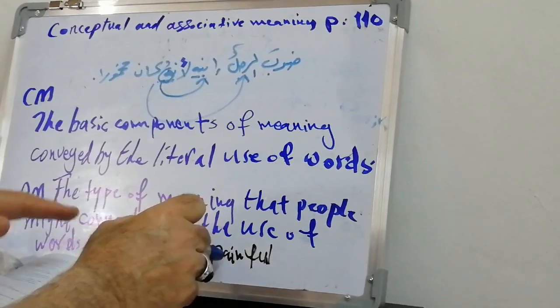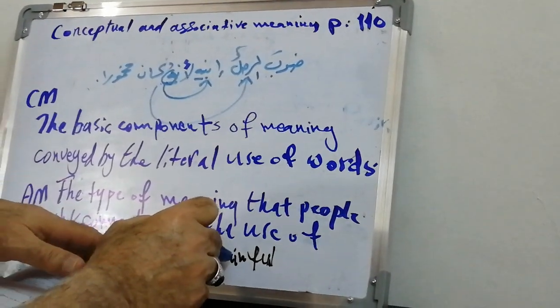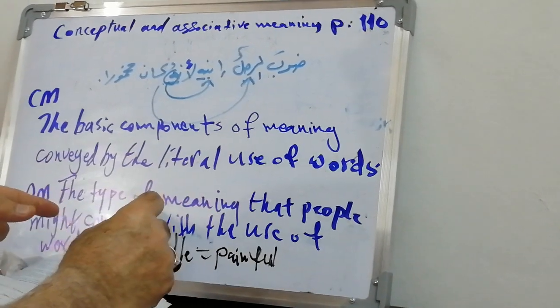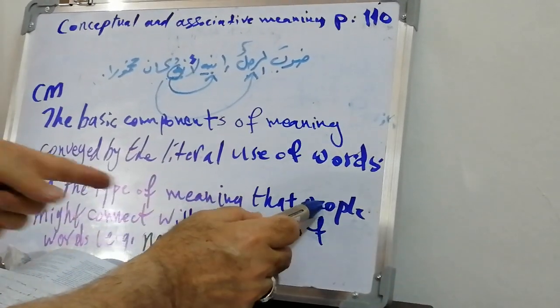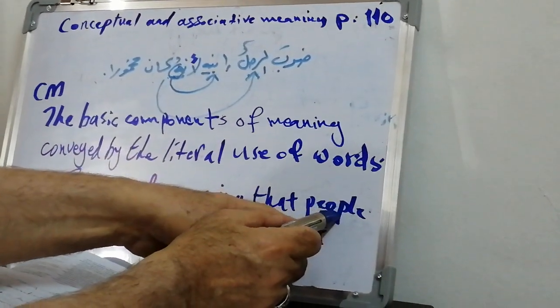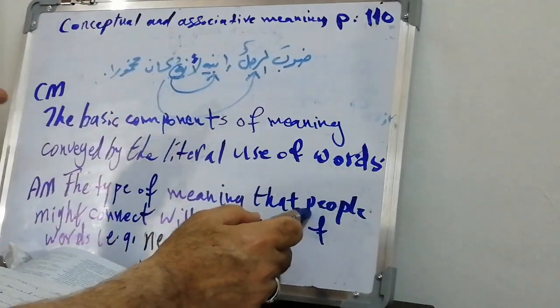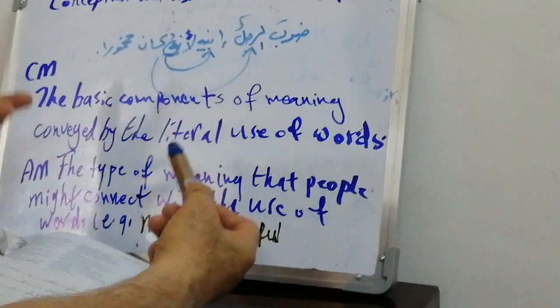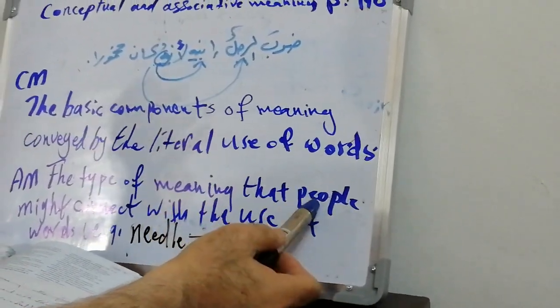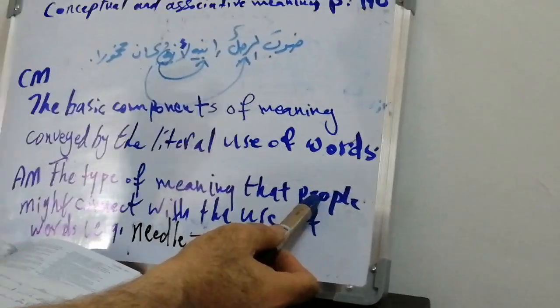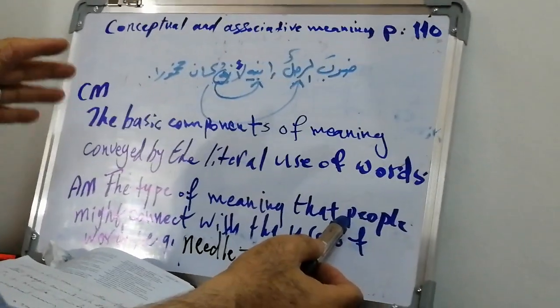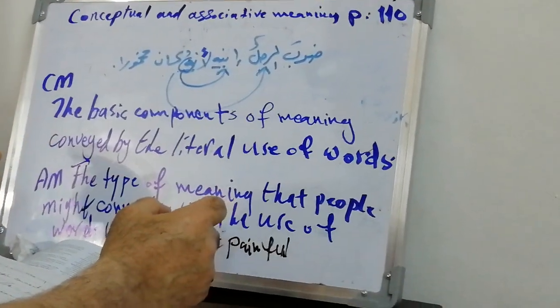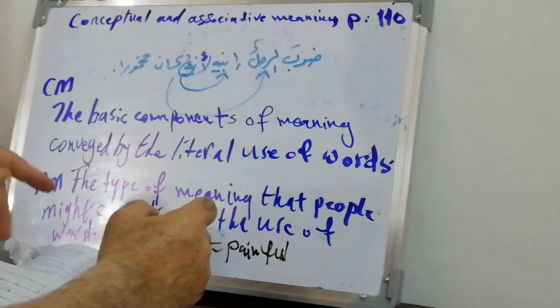Example, I'm now going to the examples. I repeat myself: this is the type of meaning that people suggest. We are talking about people. Earlier we were talking about the dictionary. Now this type of meaning is suggested by the people who associate it with the word in question.